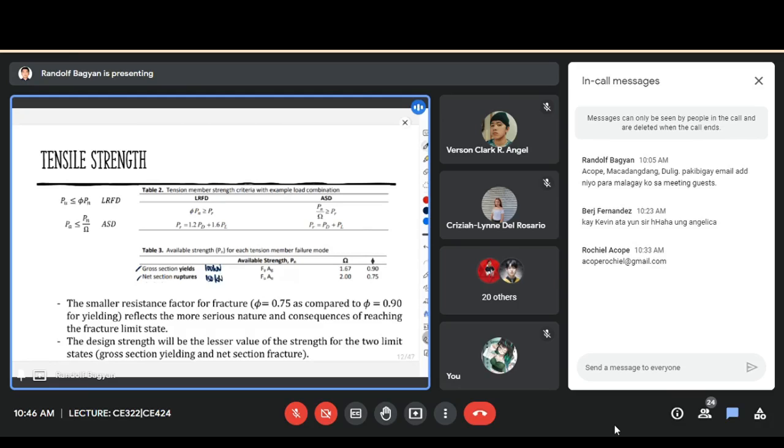Okay, gross section yielding ang mag-govern na failure mode. Bakit, sir? Okay, bago pa niya maabot yung 150 kilonewton na load, nag-fail na siya sa yielding. Right? So that, di na niya maabot ito, 150 kilonewton.